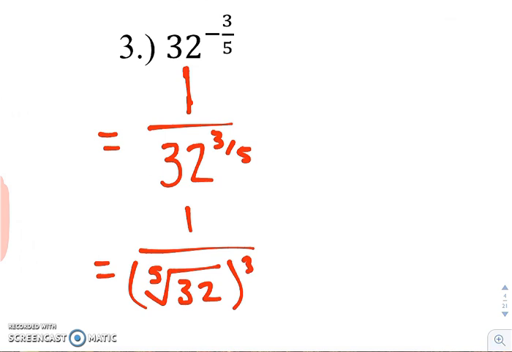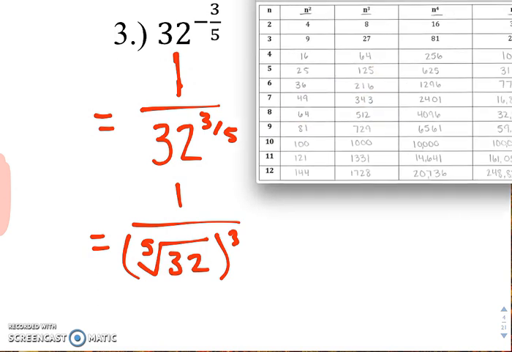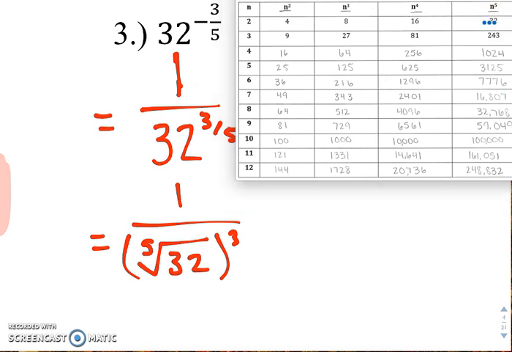Now, if we reference our power sheet, you can see that if we're looking for the 5th root, if we go over to where our 5th root column is, right here, and we find 32, the 5th root of 32 is 2.